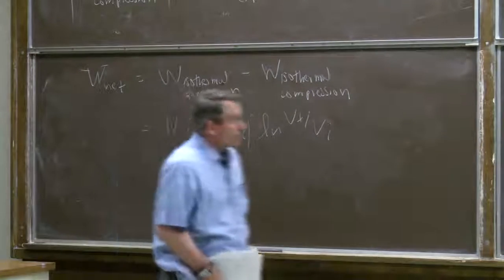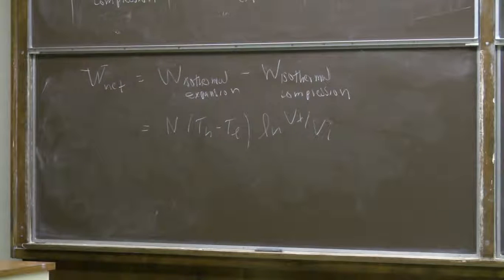Now, I can also write the ratio of the initial to final volume in terms of the temperature, because I can use the relationship between volume and temperature, that the volume goes like temperature to the minus 3/2.